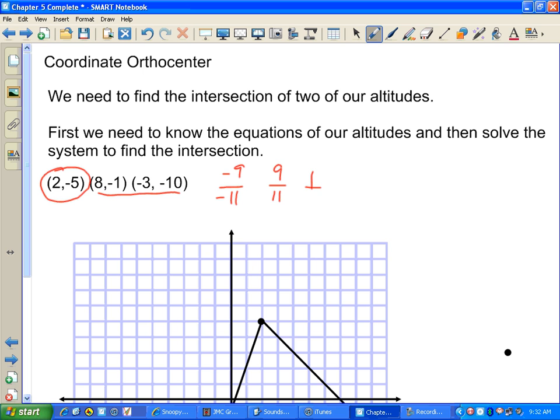So my perpendicular slope is going to be negative 11/9. So that's my slope that I'm using. This is my x1, y1. So the equation of my line is going to be y minus y1, which makes it plus 5, equals my perpendicular slope times x minus x1.